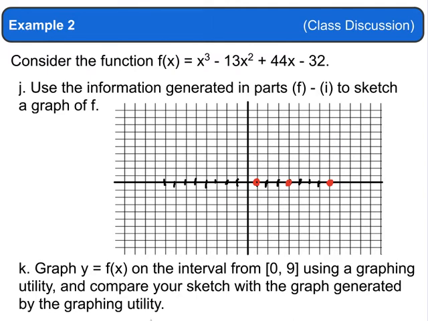So remember, we had this pattern that for x less than 1, we were negative. When x was between 1 and 4, we were positive. When we were between 4 and 8, we were negative.